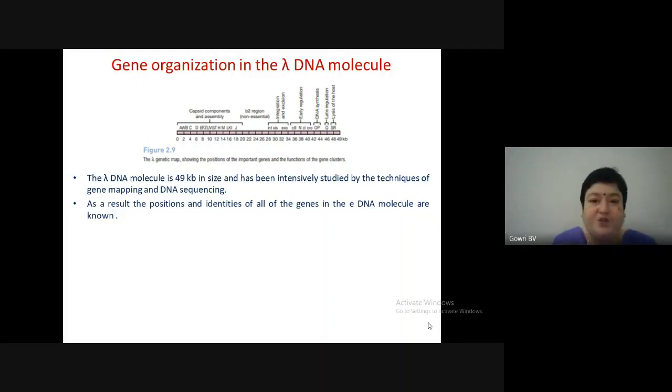So if you look into the picture again, you can see various positions starting from 0 to 20, that is 20 kilobase. There are regions for capsid components and assembly.